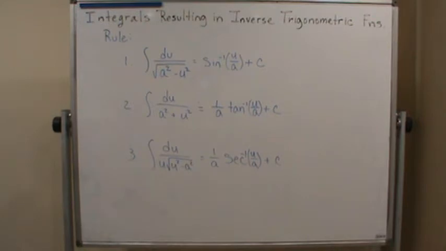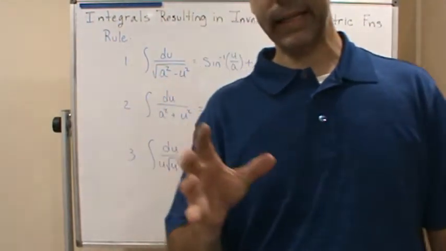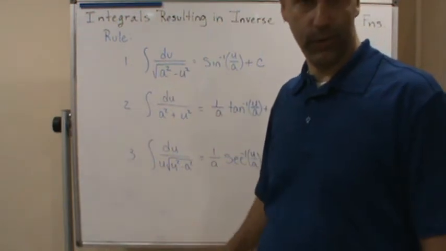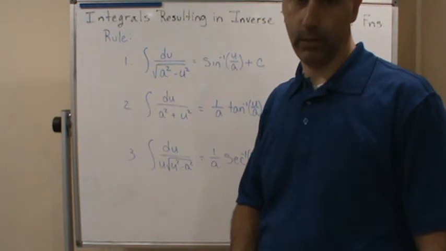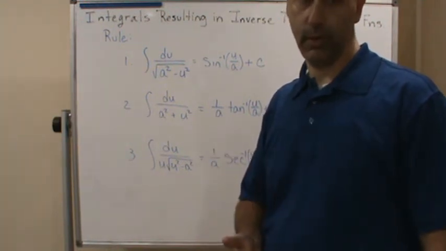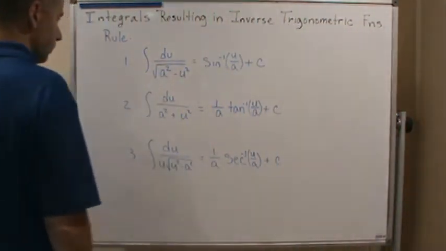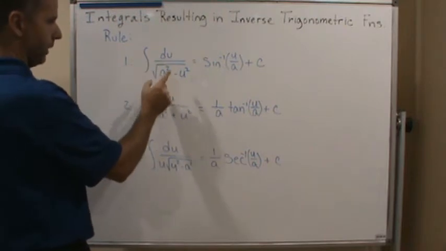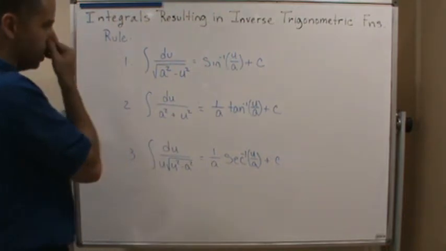I don't know what your study habits were in Calc 1, but in Calc 1 you covered derivatives of inverse trig functions. You should know those. So these are the 3 rules. If you have something of this form and you integrate it, it's going to give you inverse sine of u over a.